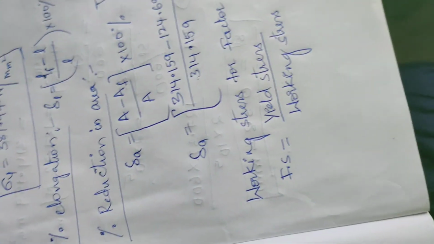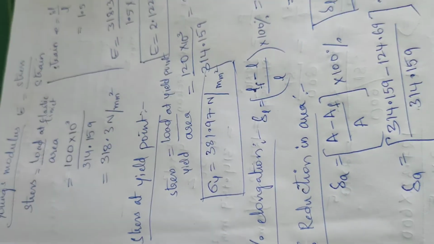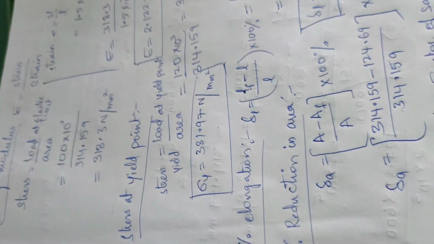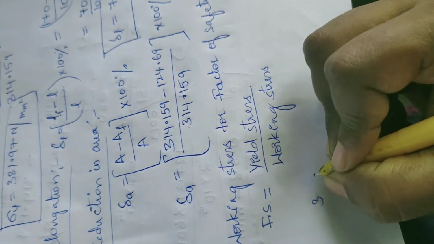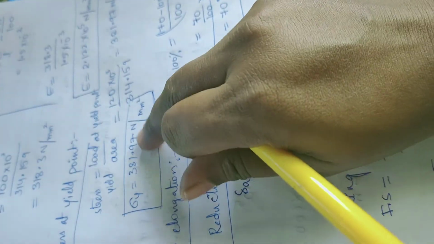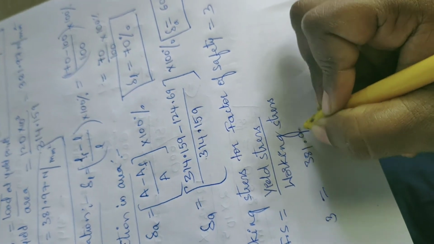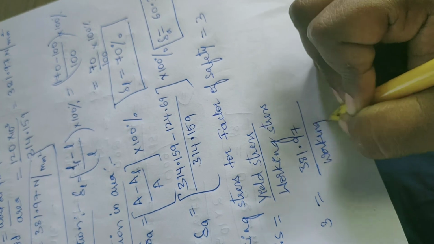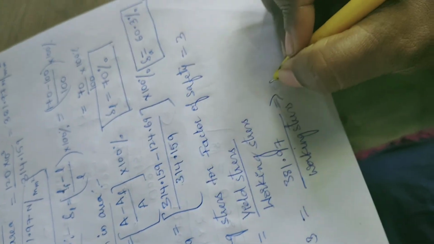So factor of safety is yield stress by working stress. The yield stress we already found, the stress at the yield point, is 381.97. So factor of safety is 3 and yield stress is 381.97 by working stress.